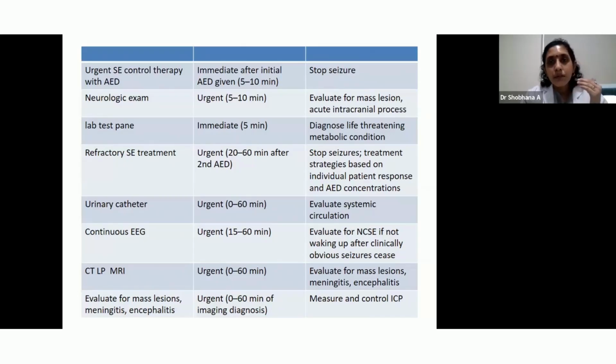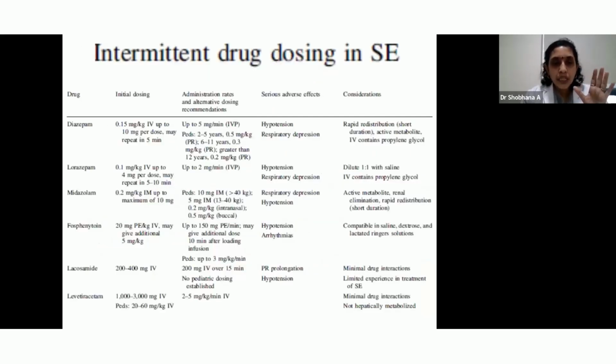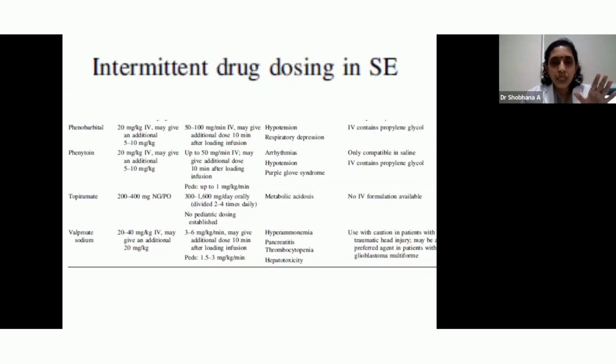And of course, the brain imaging and the CSF study follows. So if you go on having a patient for 10 to 20 minutes still seizing, then the next line of drugs, you must control the seizure within 60 minutes. That is the goal. Now, these are the dosages of drugs which you will find in all textbooks. So I'm not going into detail.